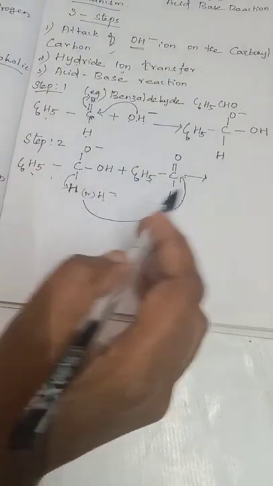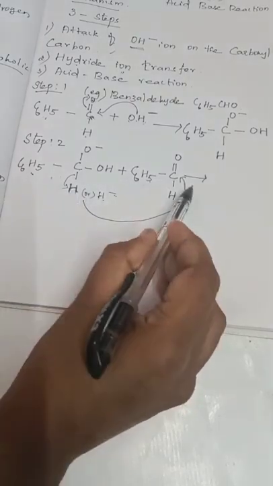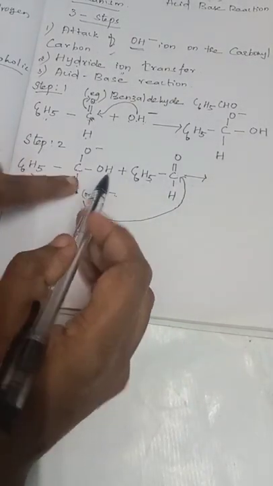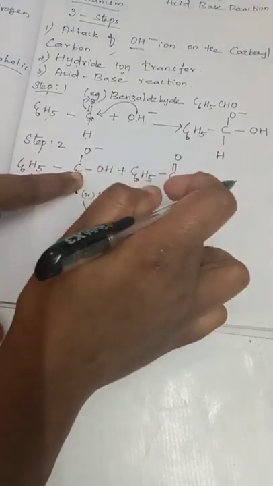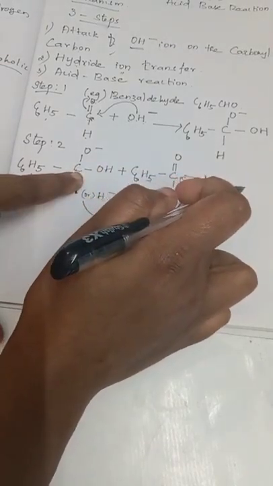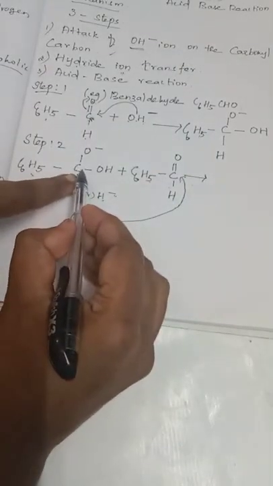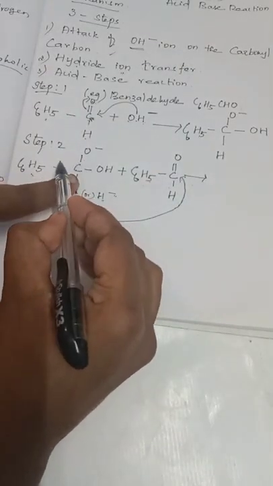Now this hydrogen comes here in the form of hydride, in this position. Now check the valency for carbon 1, 2, 3.